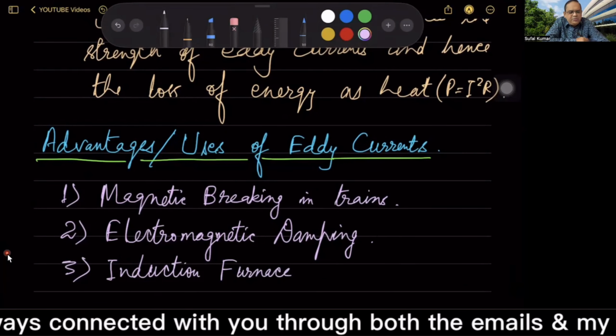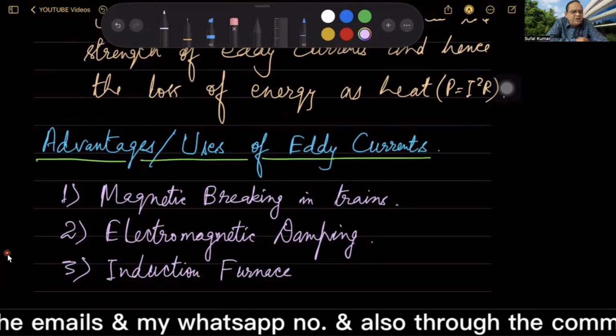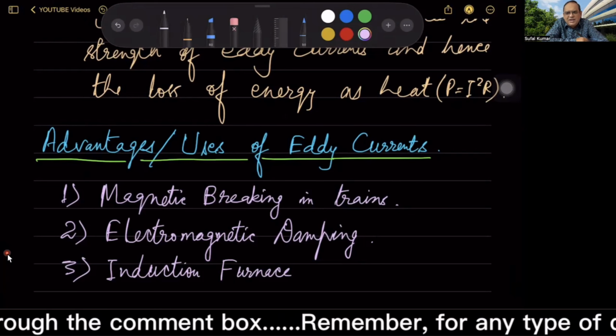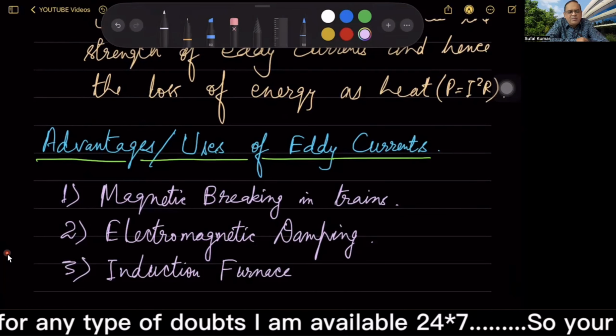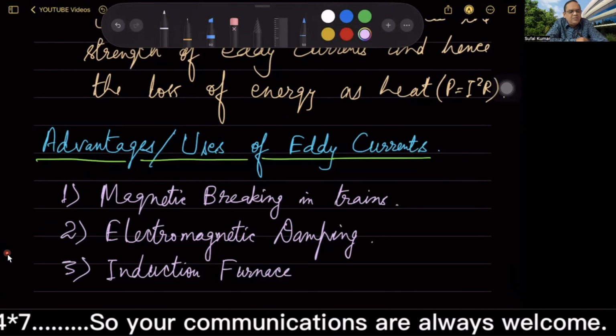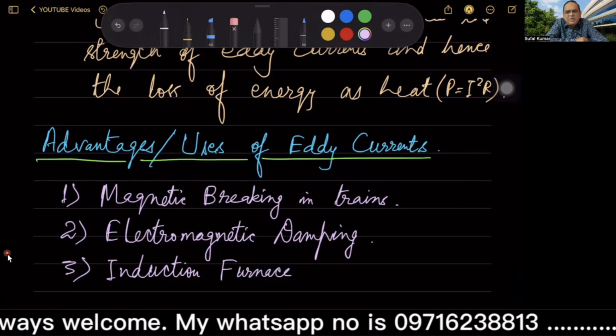They are used to produce high temperature to make alloys by melting the constituent metals. A high frequency AC is passed through a coil which surrounds the metal to be melted. The eddy currents induced in the metals produce high temperature sufficient to melt it.